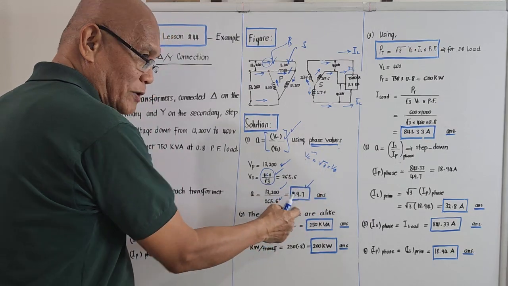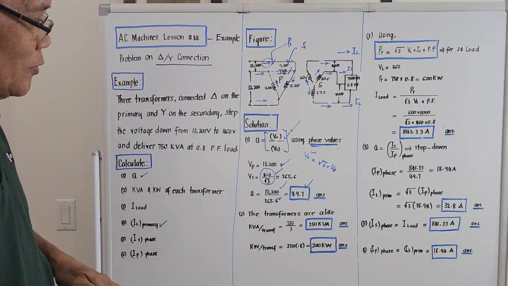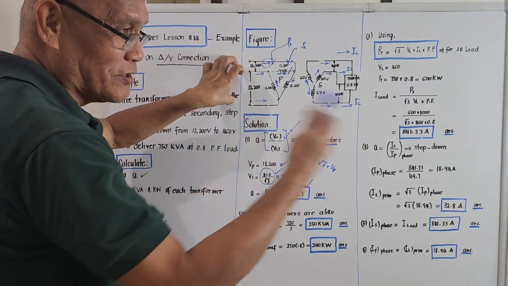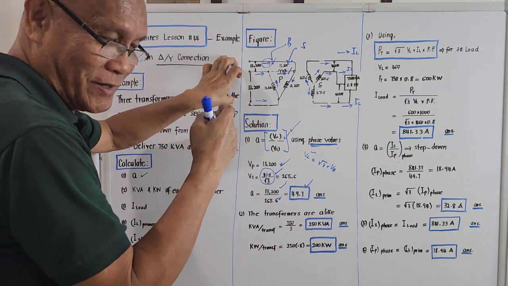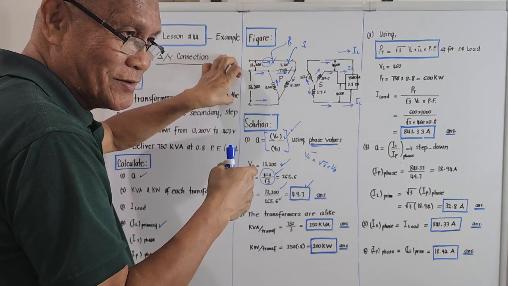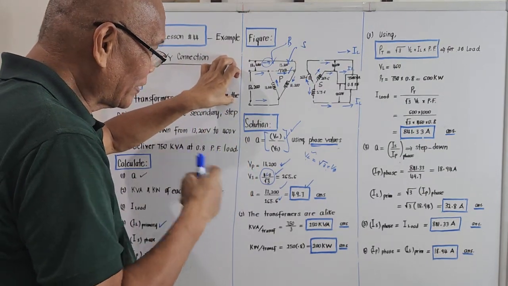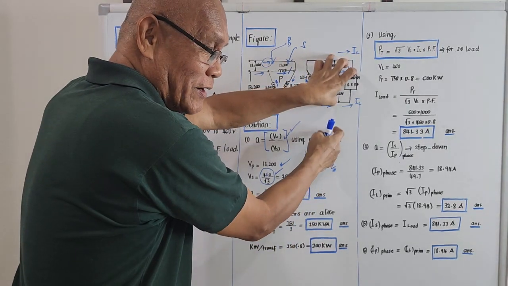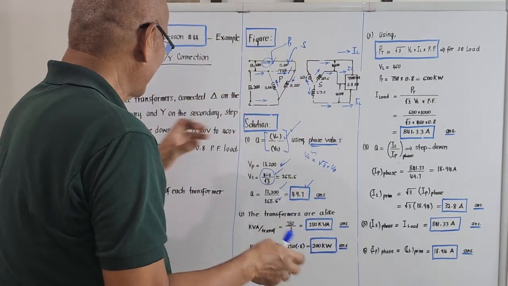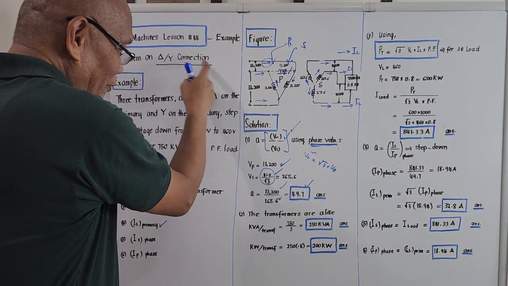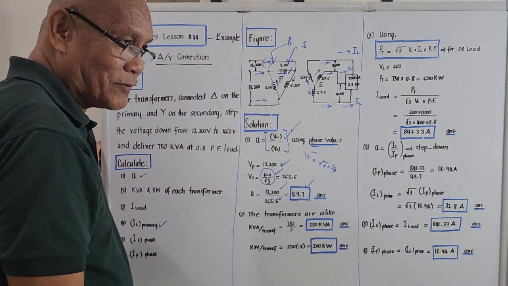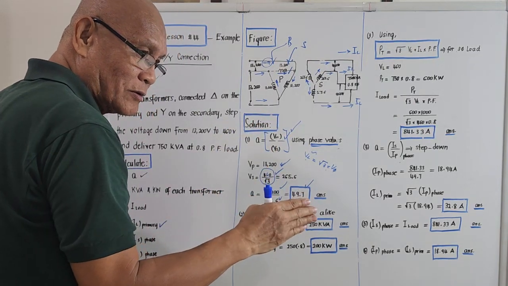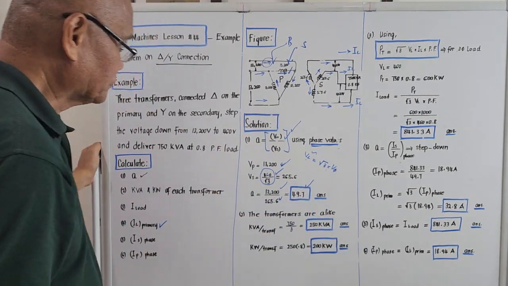It is almost 50. Meaning to say, if you got 1,000 volts here on the primary, if it is a step down, you divide that by 50 times, so you will reduce it to a certain voltage which is lower than the primary voltage. That's why a delta to Y connection is actually for stepping down voltages from the transmission line going to the secondary side.